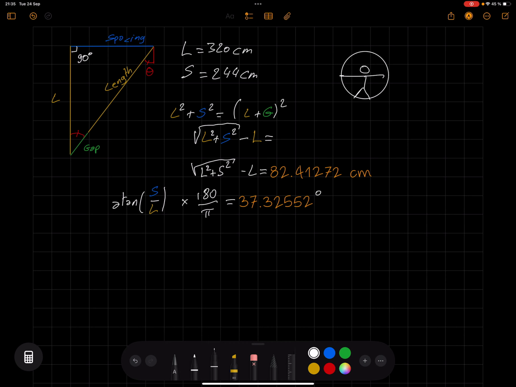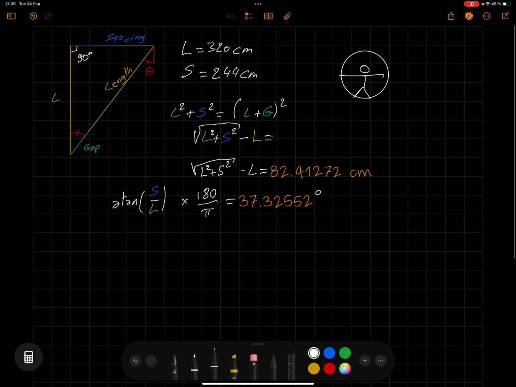Okay, and actually what it means is that the arm span is actually the same as the body height, because there is also a representation when the legs are together. Sorry, it looks like an elephant now.